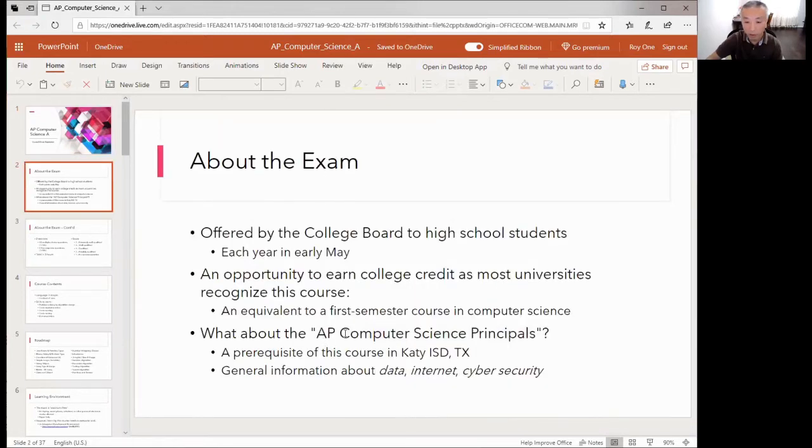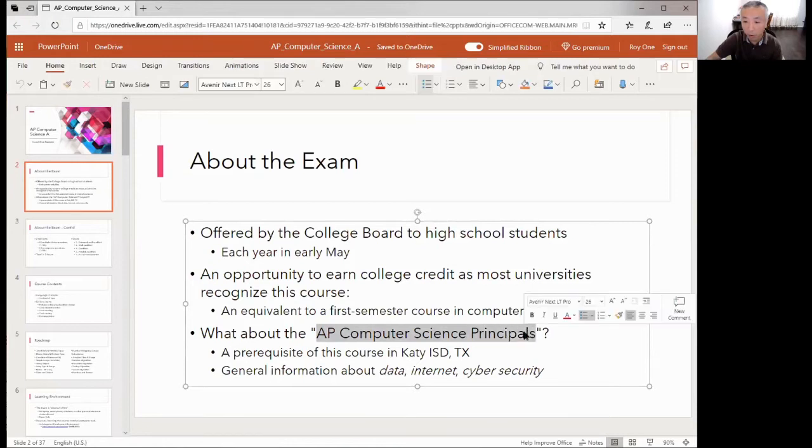However, AP Computer Science Principles is something totally different. It doesn't teach a programming language at all. What it does is tell you how to use a computer and how a computer is composed.